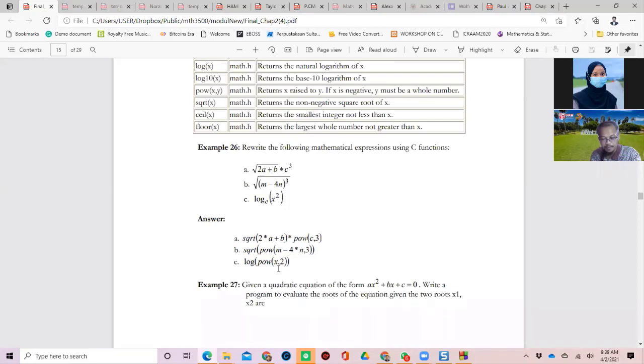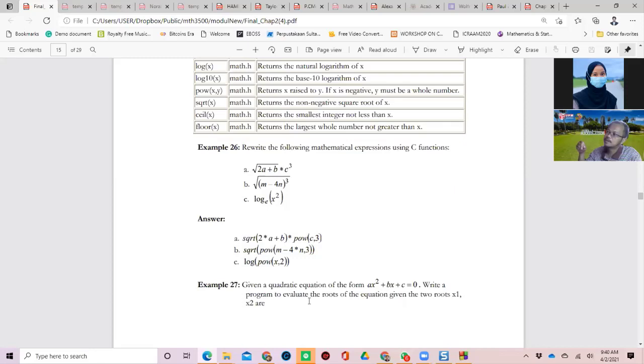Maybe someone will ask, can we write x times x? Yes, you can write x times x instead of POW x, 2. That is fine, no problem. POW is special when it involves a huge power, for example x to the power of 10.